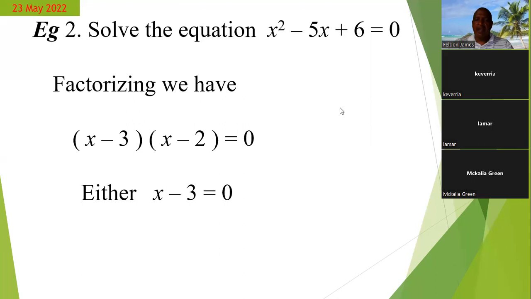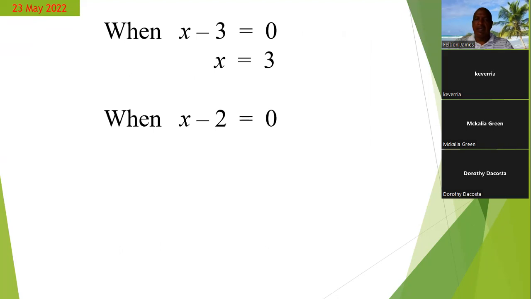So either x minus 3 equals 0 or x minus 2 equals 0. When x minus 3 equals 0, x equals 3. When x minus 2 equals 0, x equals 2. Therefore, x equals 3 or x equals 2. So that is your solution.